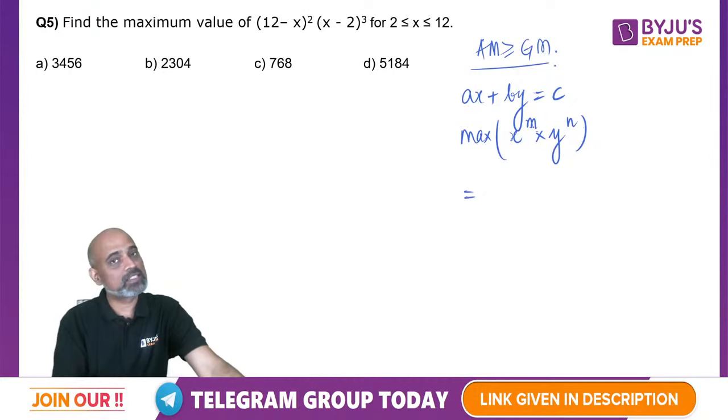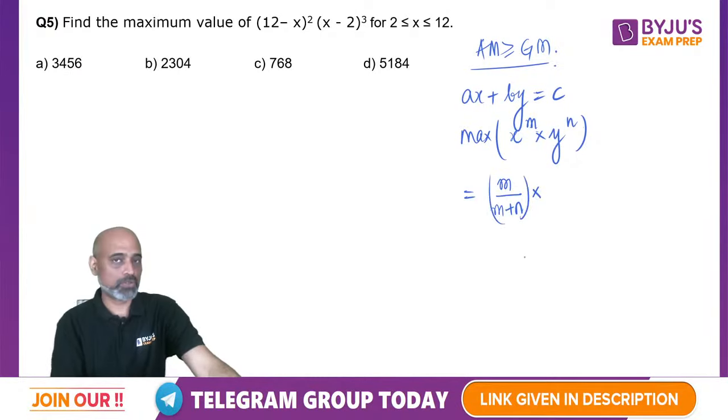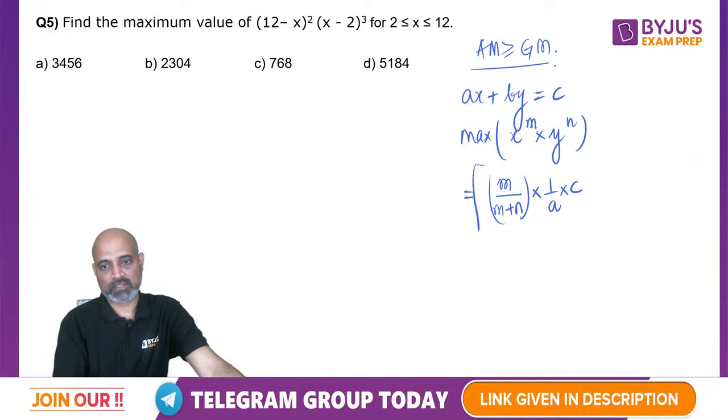So x is given a power of m, no? So you will write m by m plus n into, x's coefficient is a, so 1 by a into c. So this is what you write, and give a power of m here.